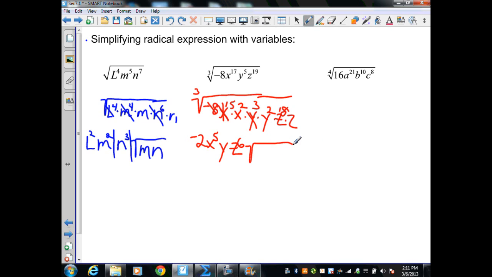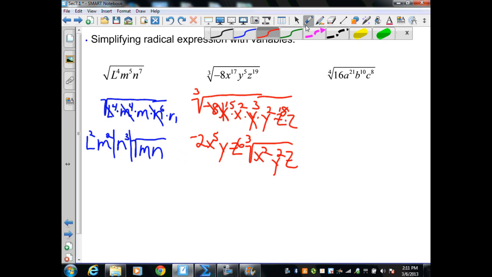And what's left stays inside the radical, which is going to be x squared, y squared, and z. And recall, our index is 3.